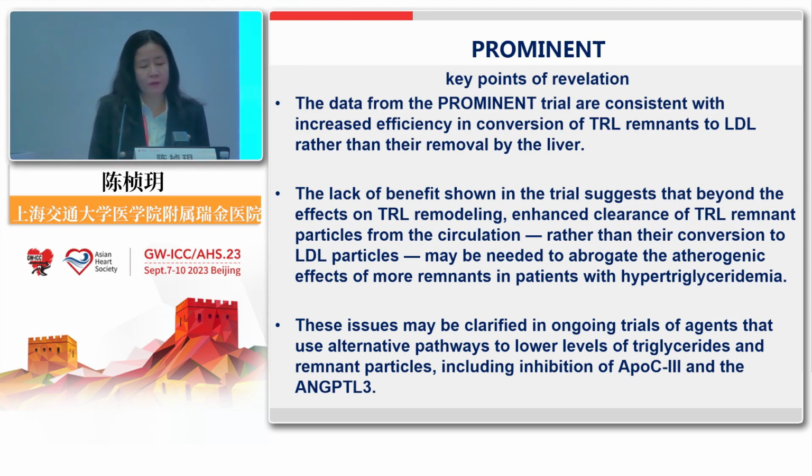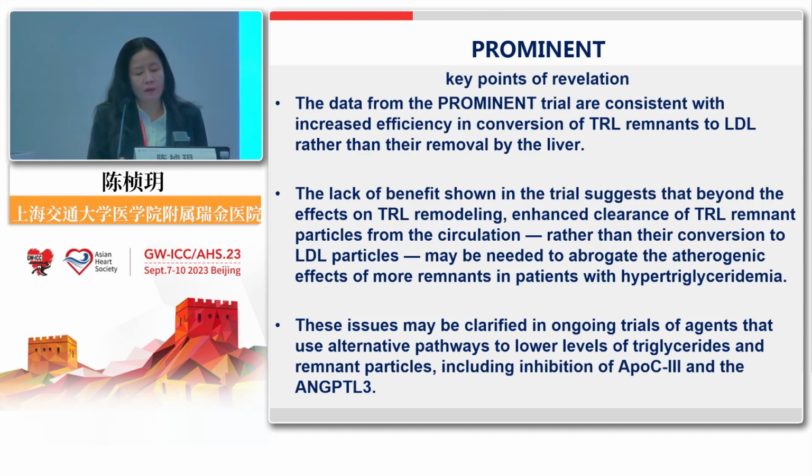The lack of benefit shown in the trial suggests that beyond the effects on TRL remodeling, enhanced clearance of TRL remnant particles from the circulation, rather than their conversion to LDL particles, may be needed to abrogate the atherogenic effects of more remnants in patients with high TG.